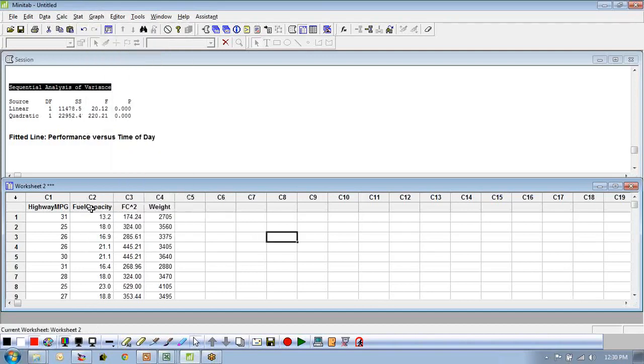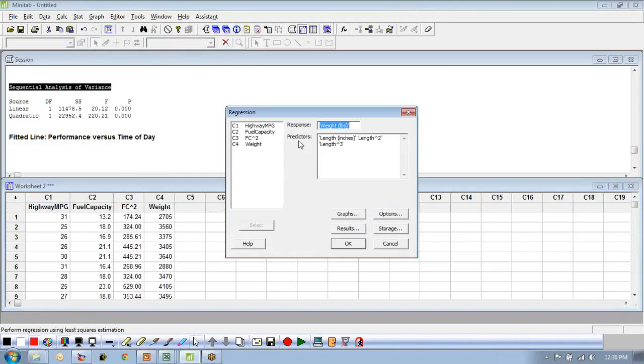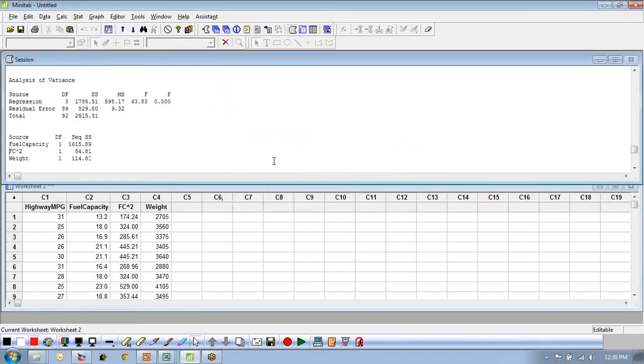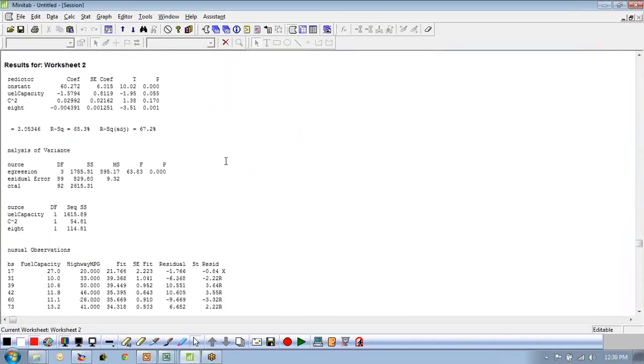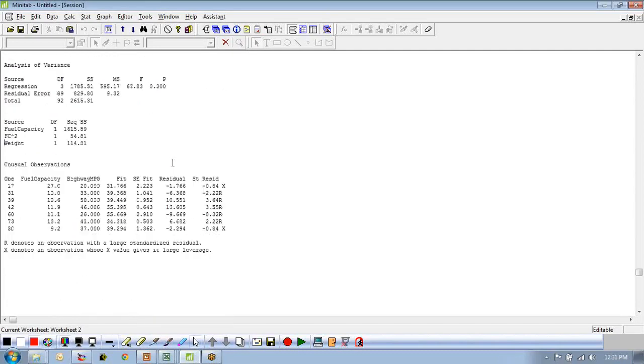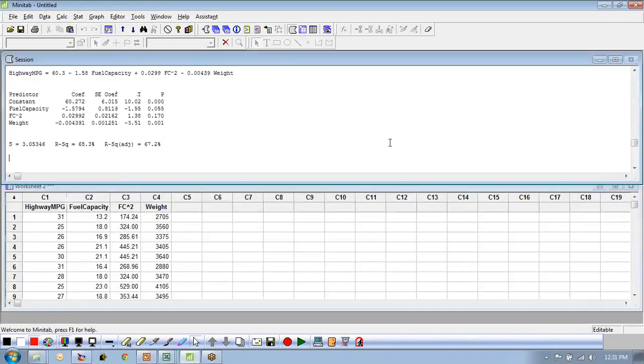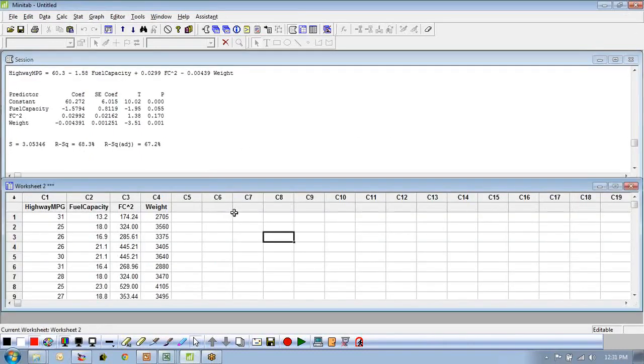If we wanted to use FC squared, we could go ahead and do stat regression, just like we did before, and add them all in, hit the OK button, and we would get regular Minitab, just like we always did. Okay? That's exactly the same results that we got from running the Excel Stats. And that's exactly what we've done before.